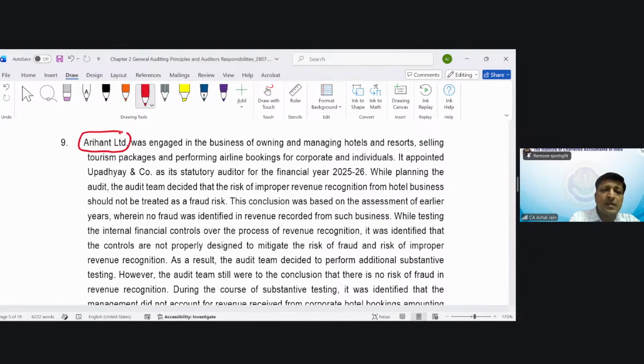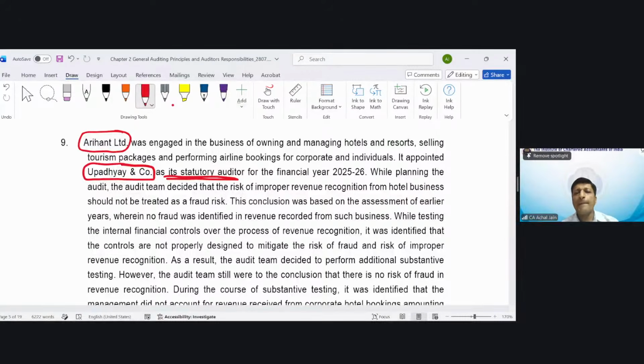So Arihant is the company, Upadhyay and Company is the statutory auditor. While planning the audit team decided that risk of improper revenue recognition from hotel business should not be treated as a fraud risk.